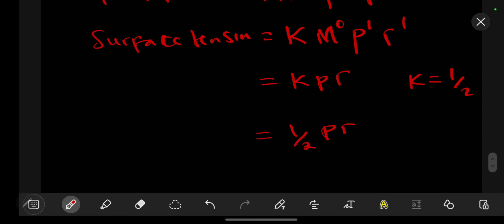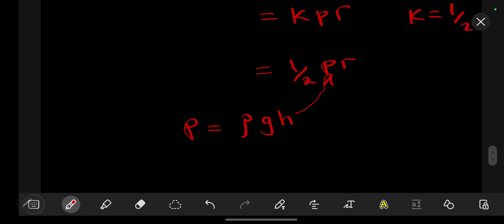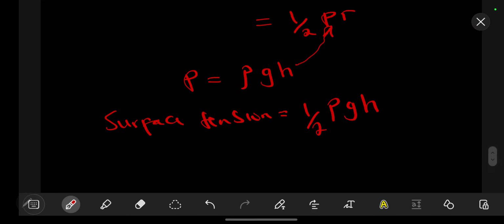We know that the pressure of a liquid is given by the formula: the density of the liquid times the gravity times the height. So where there is pressure, we can just put this, and our surface tension should be equal to half, then density, gravity, times height, times radius. So this is our final answer for that problem.